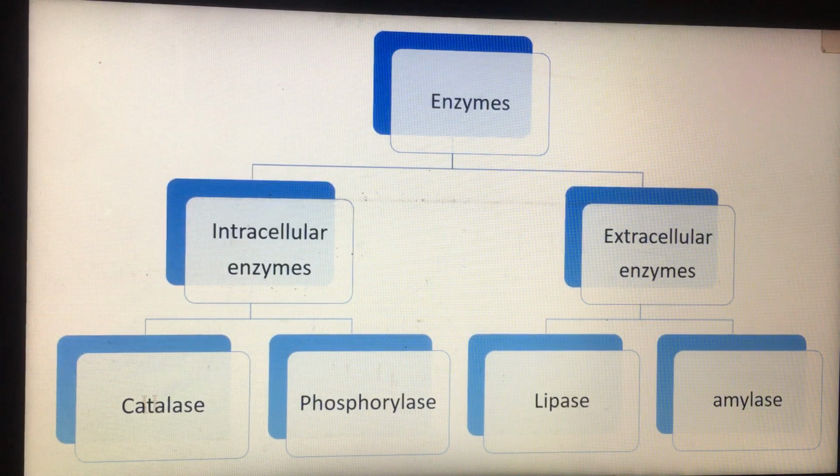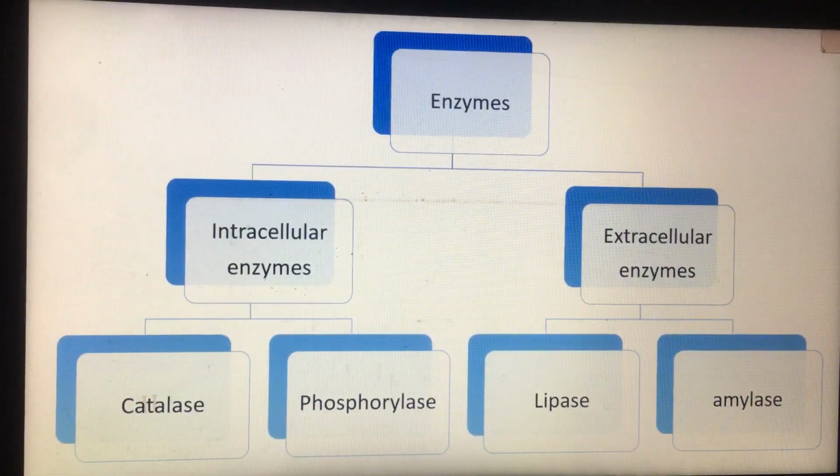Phosphorylase actually builds glucose into starch in plant storage cells. So which enzyme builds glucose into a starch? Actually, it's phosphorylase. As we say, these are intracellular enzymes.